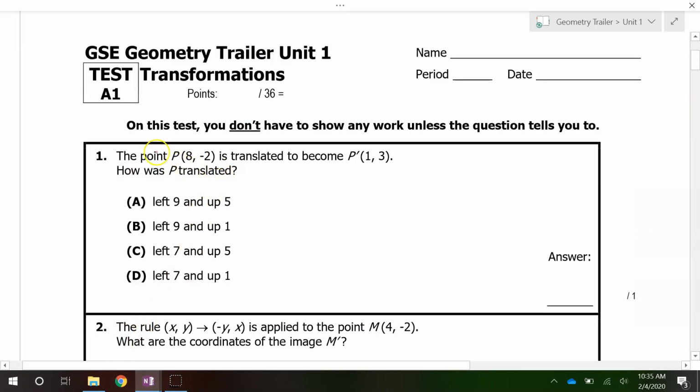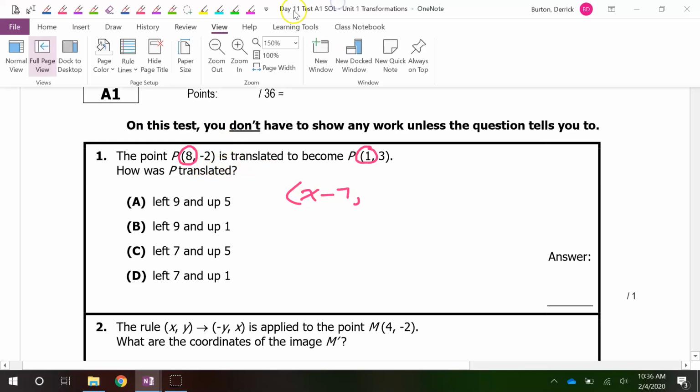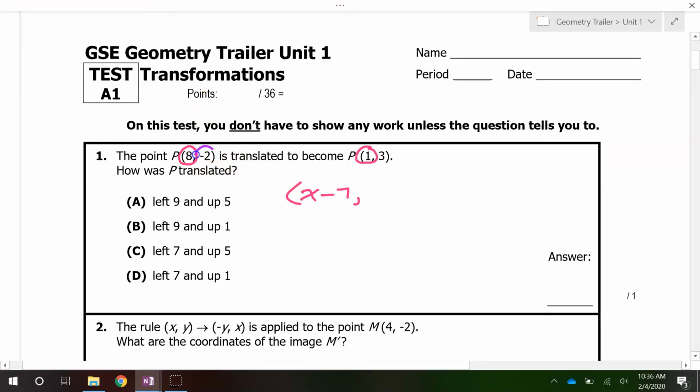All right, so problem number 1. This point is translated to become the other point. And we're being asked which one of these things happened. Well, let's see. The x value went from 8 to 1, so that means that it decreased by 7. The y value went from -2 to +3.